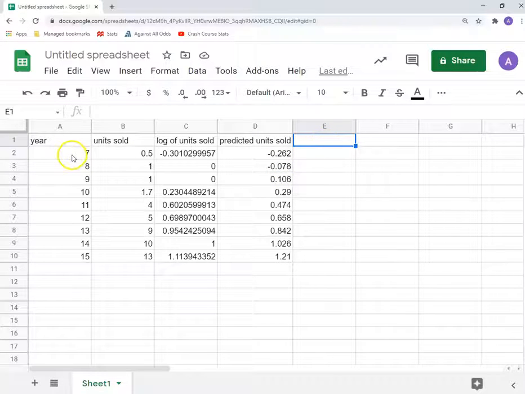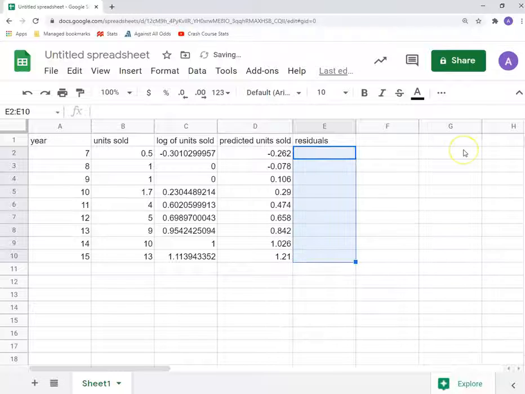For year, on my y-intercept, I got minus... Oh, no, wait. Hold on. Where did you do your residual column yet? So don't make your chart yet. Residuals are actual minus predicted, but we're working with logarithms.